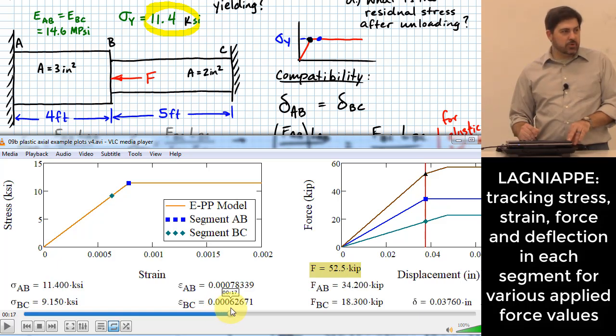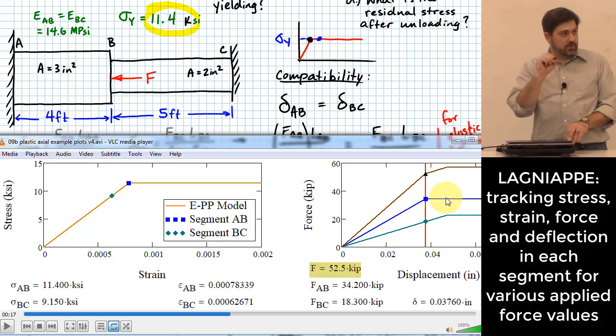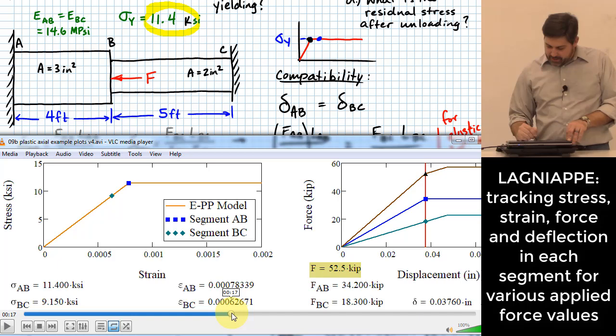What does that do to the force-displacement curve for the whole thing? It changes the slope. Why does the slope change right here? Yeah, the blue line just becomes a constant as opposed to constantly increasing as you increase the amount of load. Does that make sense? So that changes what that slope is.